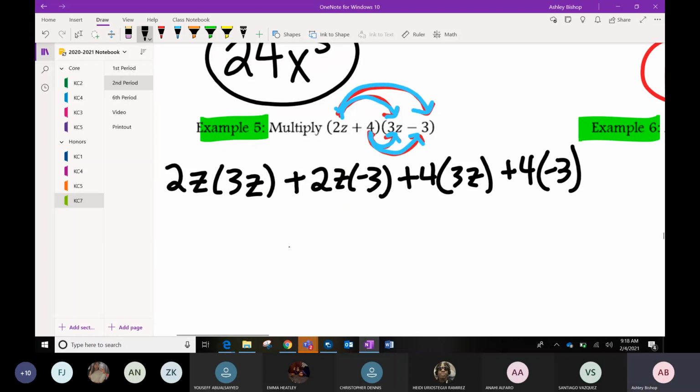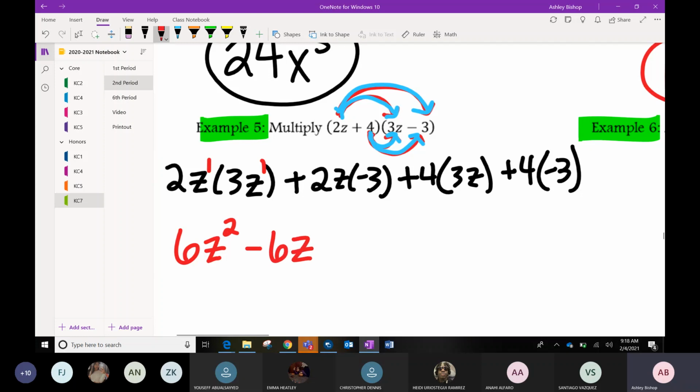Sorry, I'm just making sure I'm not running low on time. Plenty of time. 2z times 3z. Remember, multiply the coefficients. So 2 times 3 is 6, and add their exponents. z times z is z squared, just like x times x is x squared. 1 plus 1 is 2. Plus 2z times -3. 2 times -3 is -6.